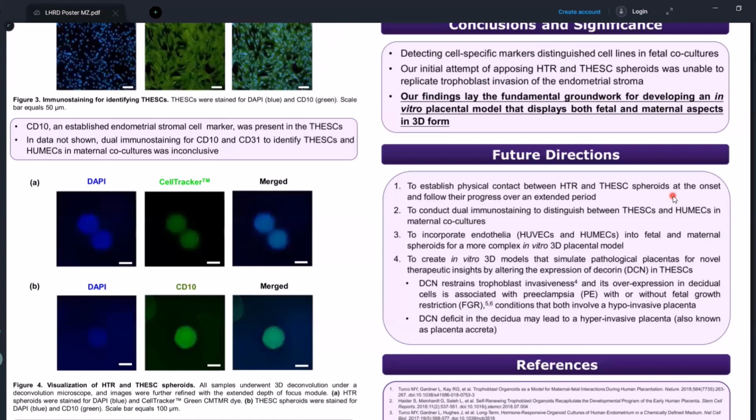Both preeclampsia and fetal growth restriction are conditions that involve a hypoinvasive placenta. It has also been postulated that a decorin deficiency in the decidua may lead to a hyperinvasive placenta, also known as placenta accreta. I hope to address these inquiries throughout my internship and upcoming master's studies.